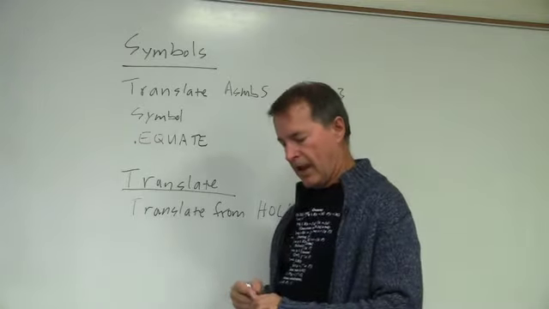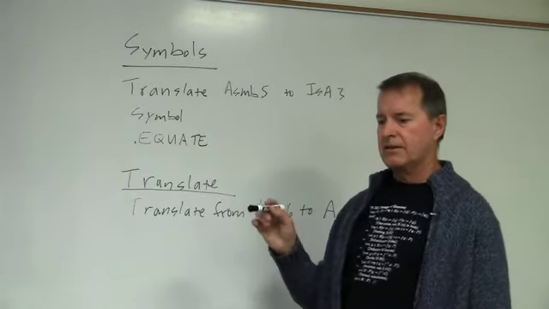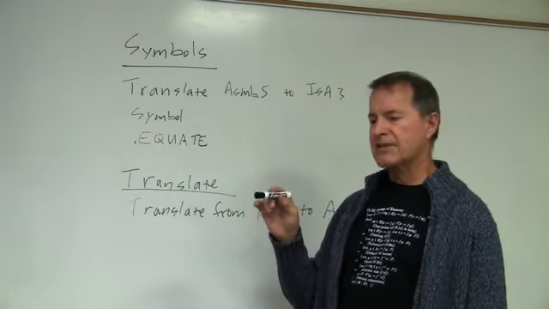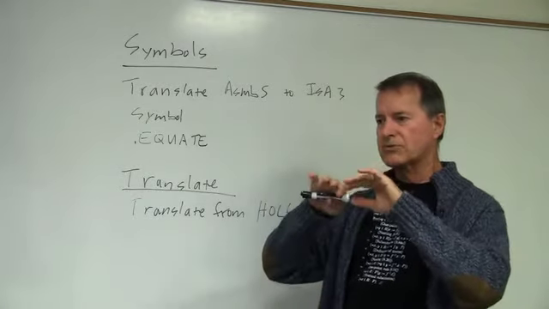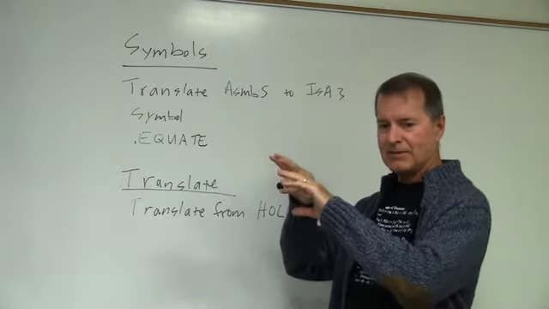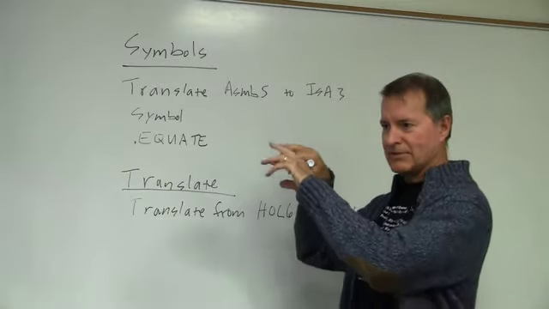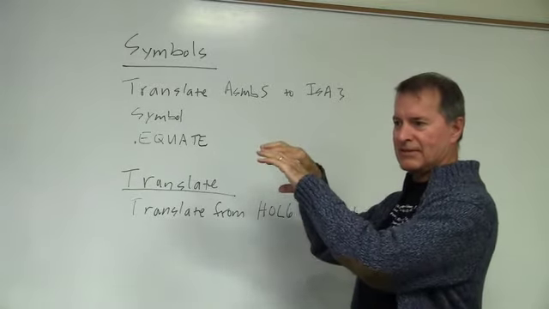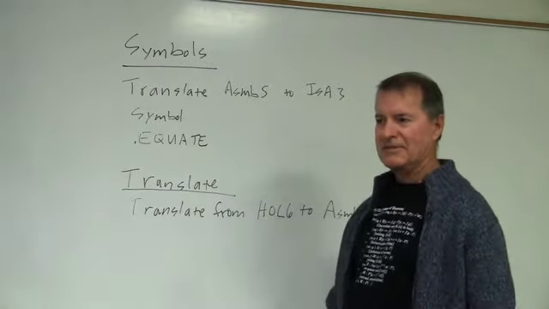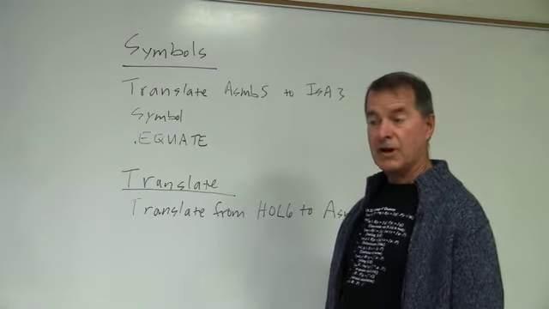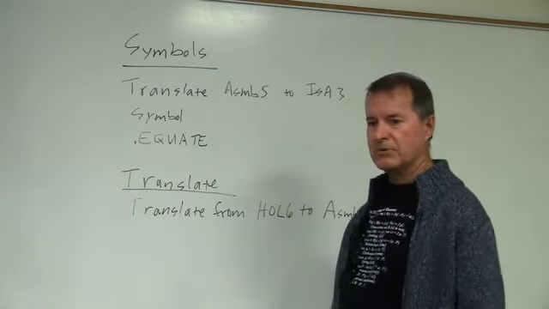How would you translate cout, double quotes, hello world? The character output? No, not with a string. You wouldn't do character output. What would you do?